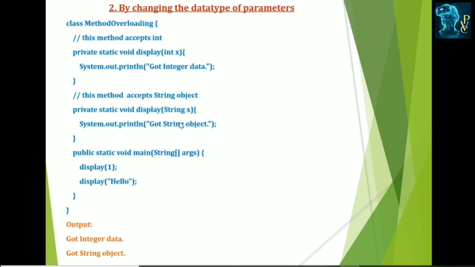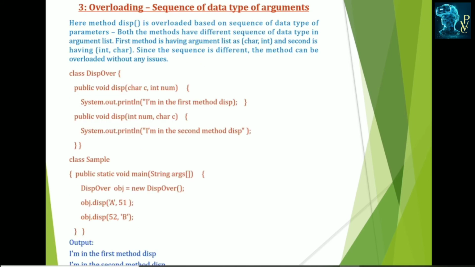So same method name, same return type, but the difference is in the data type of parameters, int and string. When we pass display and 1, this is an integer, so the first method is invoked. When we pass a string, display hello, the string object as the parameter, so the display method for strings is invoked. It displays this output.